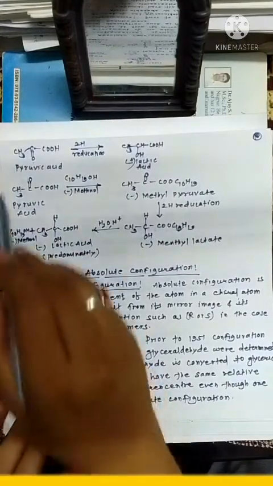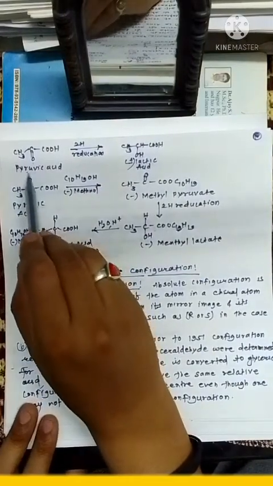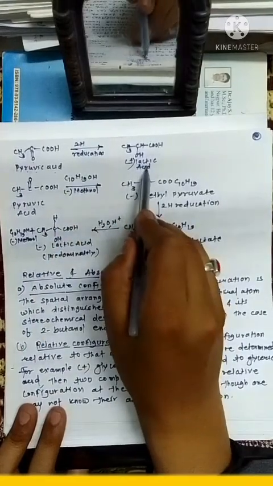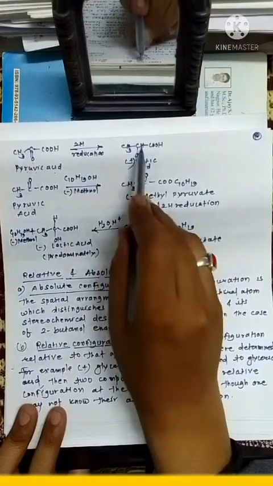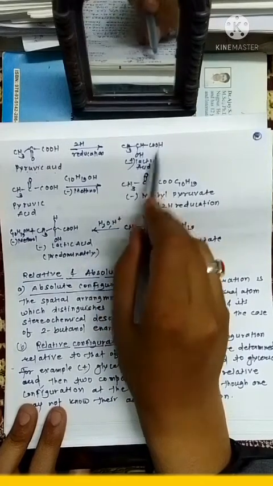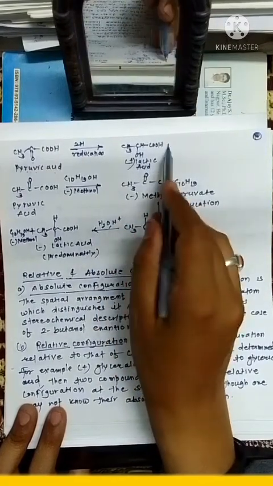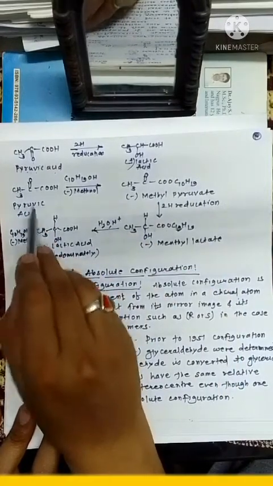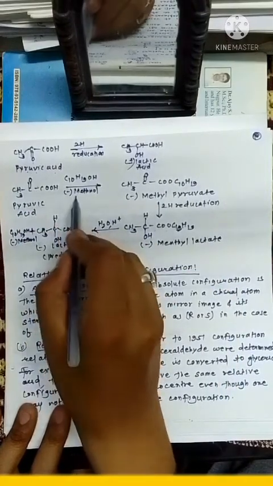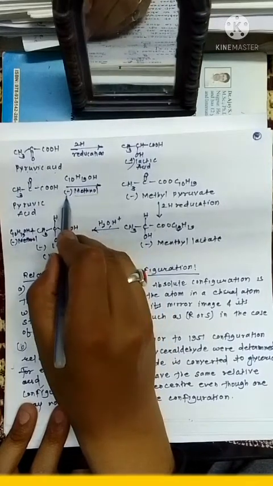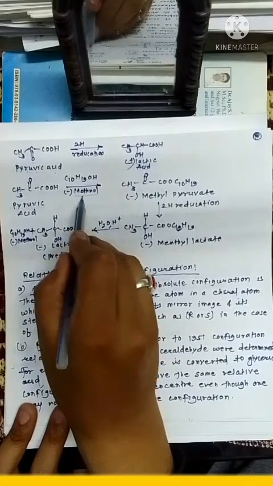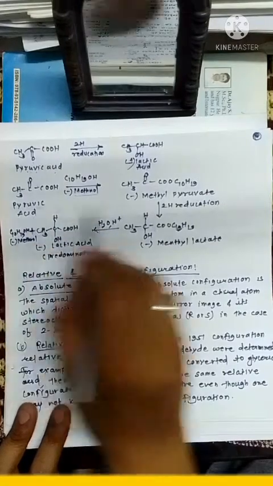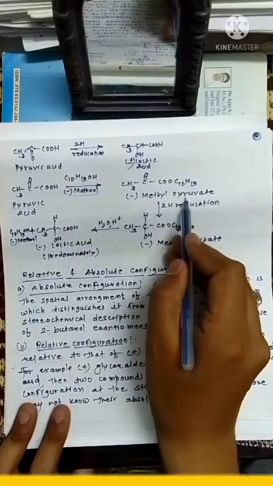Just see, when pyruvic acid is reduced, we get racemic modification of lactic acid, that is plus-minus lactic acid, which comes in 50-50 percentage. Now when pyruvic acid is reacted first with an optically active reagent, in this case negative menthol, we get negative methyl pyruvate.